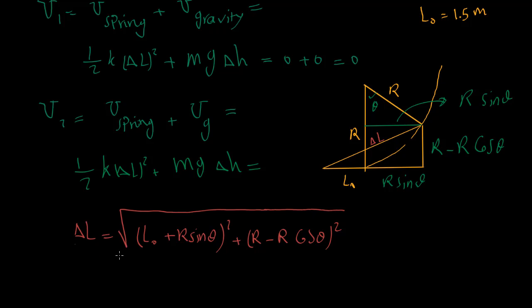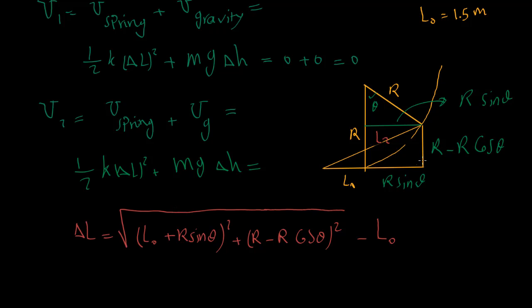Actually, we are talking about delta L, so it would be the second length minus its initial length. So this would be minus L naught. This is basically L2, so let me correct this. So basically L2 minus L1. So that's delta L.